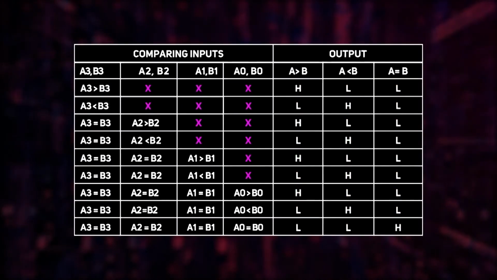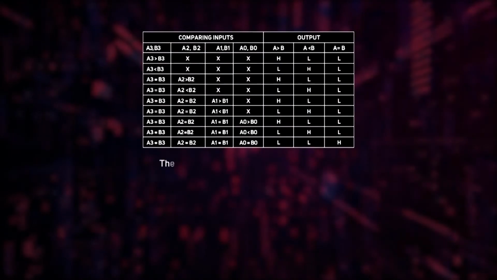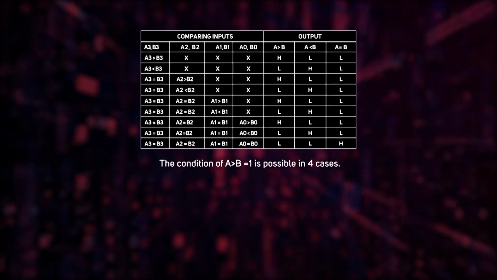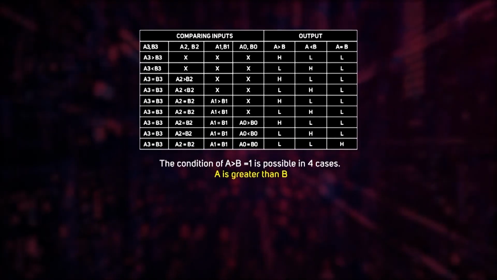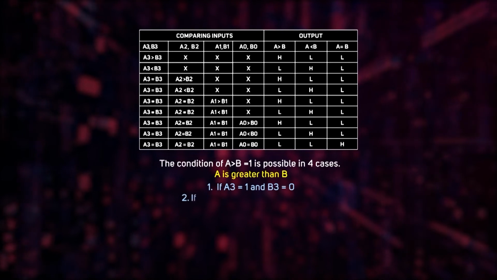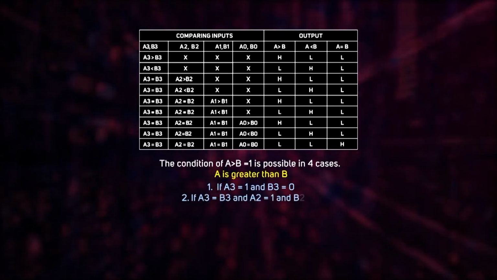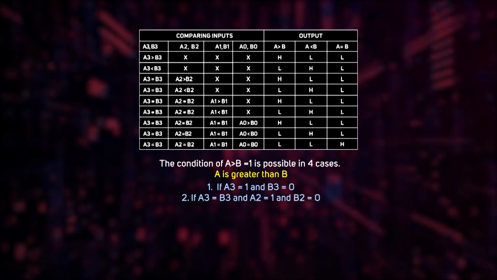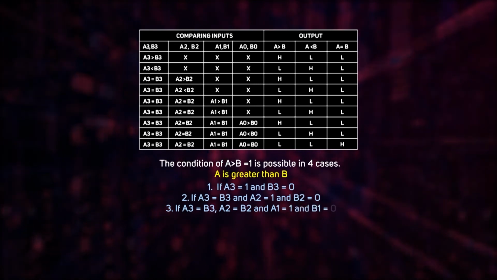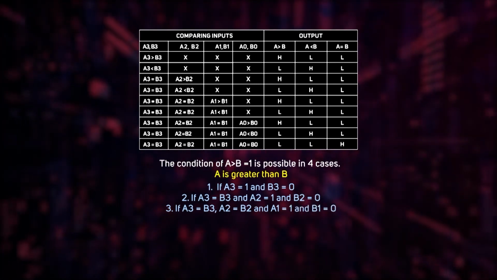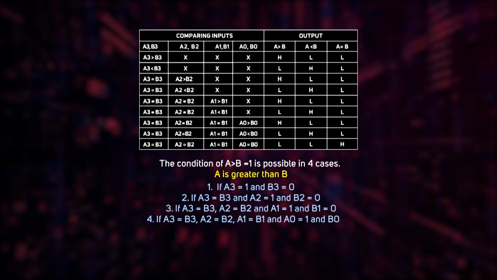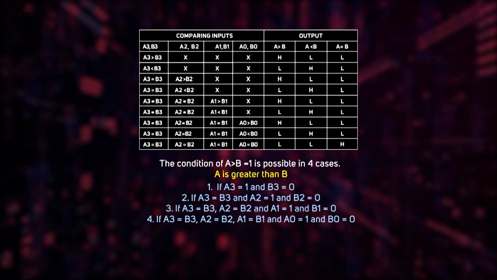X is don't care. When you observe truth table, the condition of A greater than B equal to 1 is possible in 4 cases. And what are they? A is greater than B if A3 equal to 1 and B3 equal to 0; A3 equal to B3 and A2 equal to 1 and B2 equal to 0; the next, A3 equal to B3, A2 equal to B2 and A1 equal to 1 and B1 equal to 0; and the last case when A3 equal to B3, A2 equal to B2, A1 equal to B1 and A0 equal to 1 and B0 equal to 0.